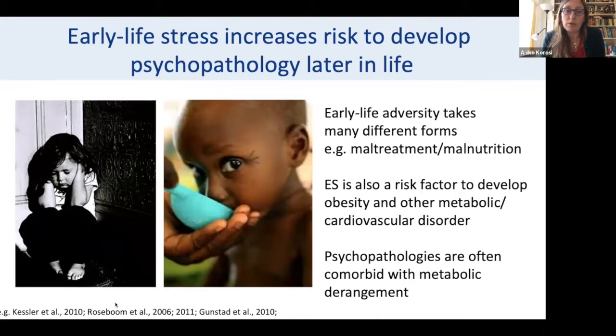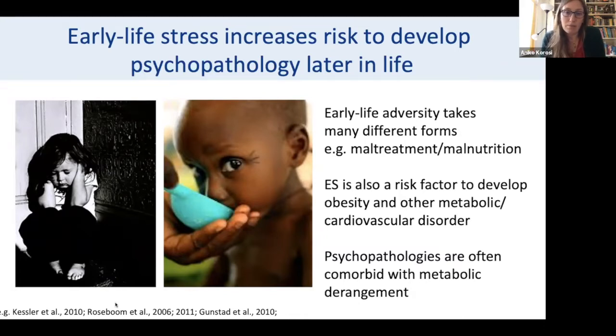And what is remarkable is that even when these adversities take such different forms, the outcomes or the phenotypes observed in these individuals are remarkably similar. What is also important to mention is that these psychopathologies are often comorbid with metabolic disorders, and that these early life adversities lead not only to risk of developing these psychopathologies, but also these metabolic derangements.